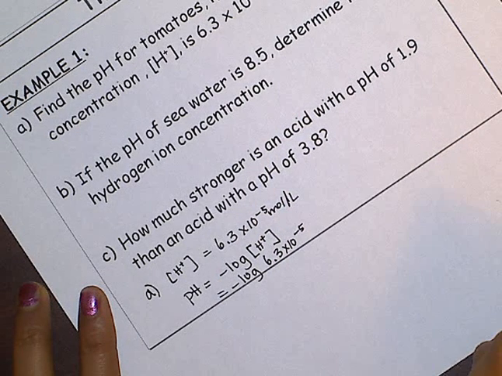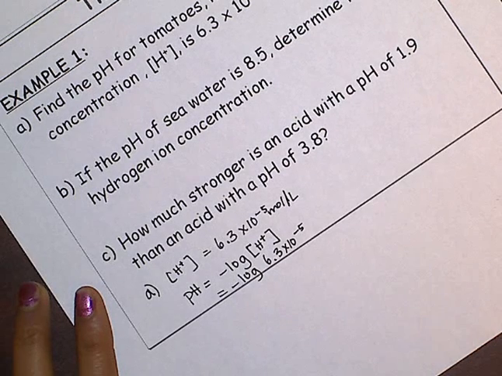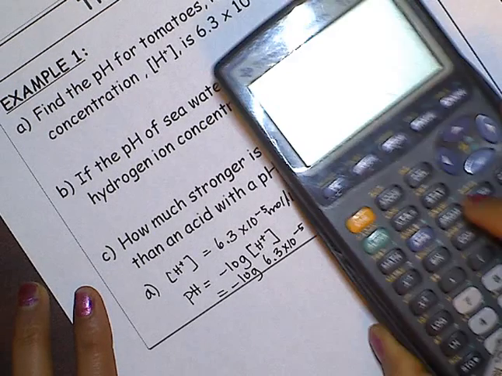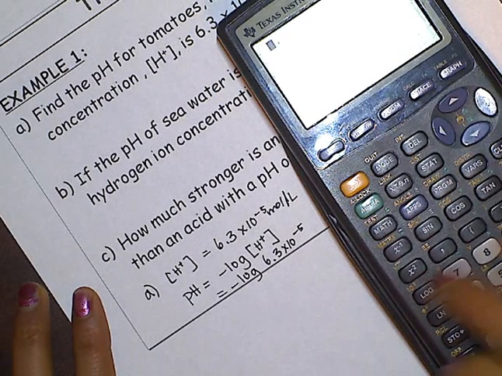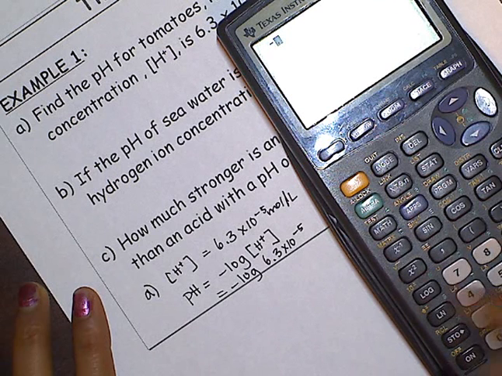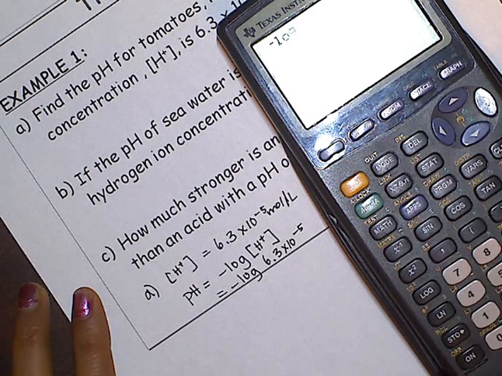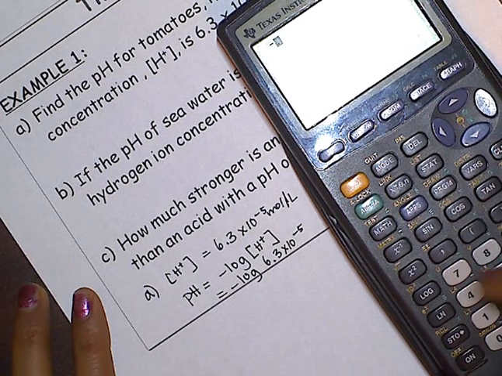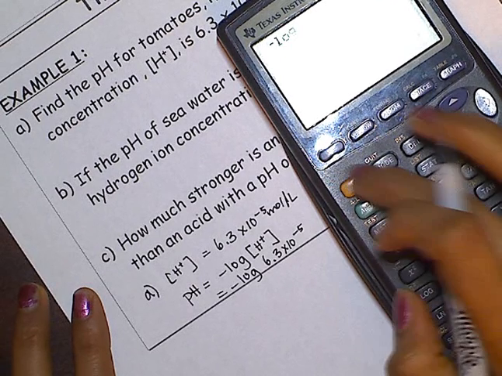And I'm just going to go ahead and use my calculator to evaluate that. So I'm going to bring my calculator over here. I'm just going to press negative log of 6.3 times 10 to the power of negative 5.